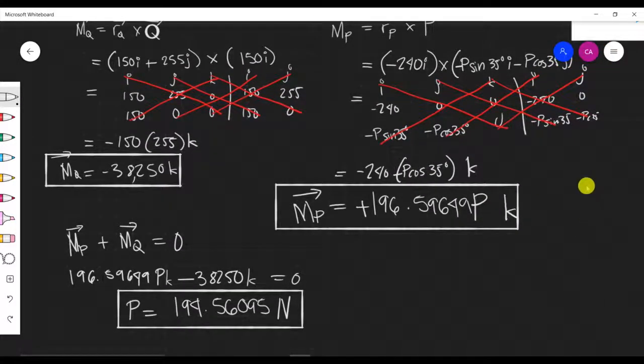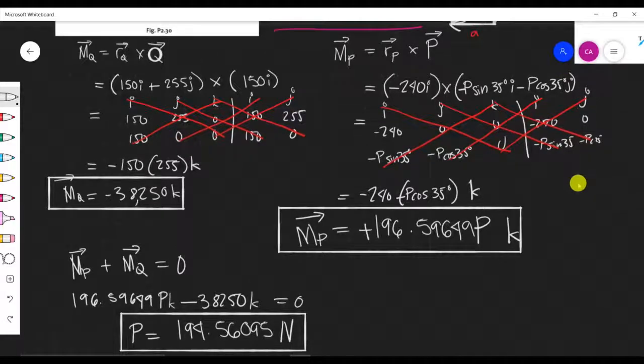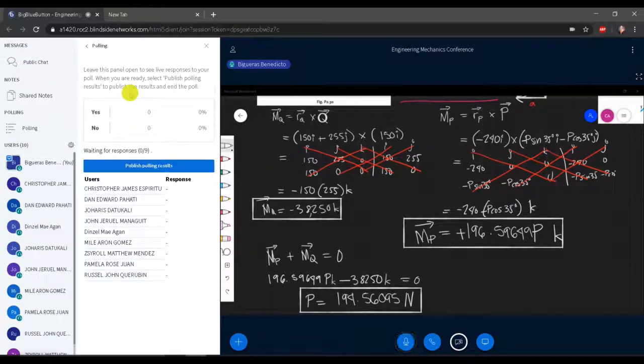Babasahin lang natin yung problem, then we work out yung problem gamit ng mga alam nating equation, then solve. Tapos, ganun siya. Alright. Buhay pa ba kayo dyan? Buhay pa ba? Kaya pa? Last problem na tayo for this part, then tapos na.